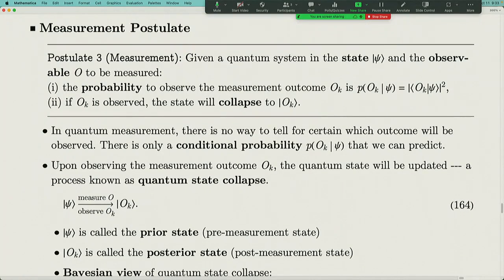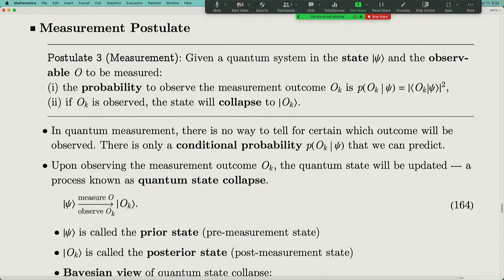So this is an overview of observables. Observables are Hermitian operators. But this doesn't tell us how measurement happens. So immediately, postulate 2 is followed by postulate number 3, which is about measurement. Given a quantum system in a state, this postulate is talking about the interaction of the state with observables.